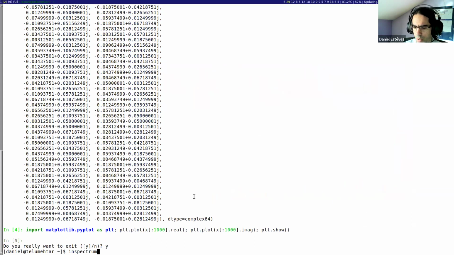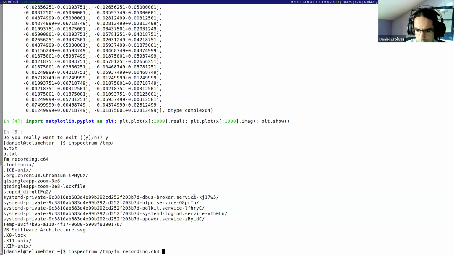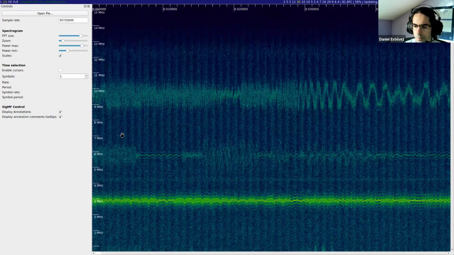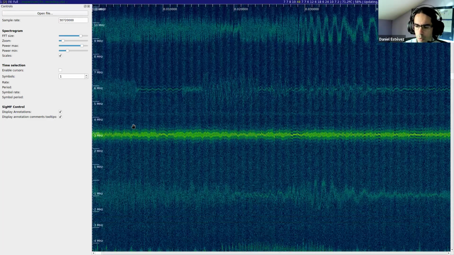Something else you can use is inSpectrum. This is easy to install in Linux. Probably it's also easy to build in macOS. In Windows, maybe it's not so easy. Here you get a waterfall display.